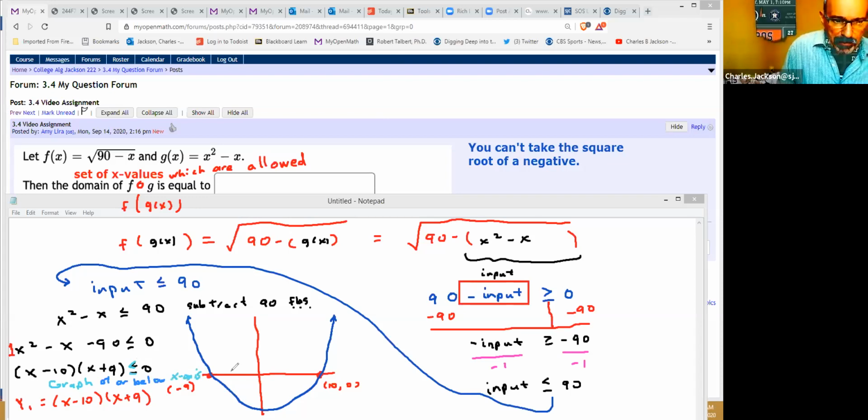Well, that happens all in here because the graph is at or below. It's down there, okay? At or below.